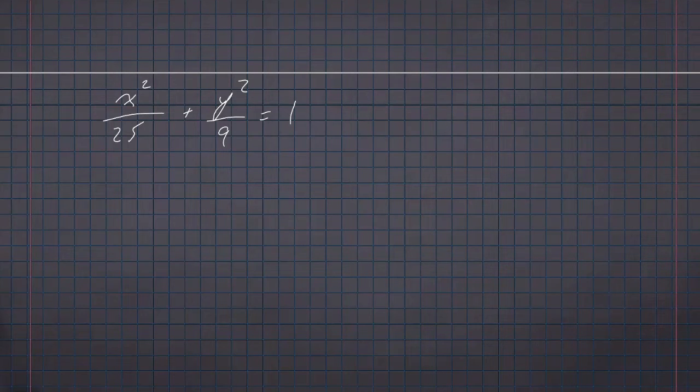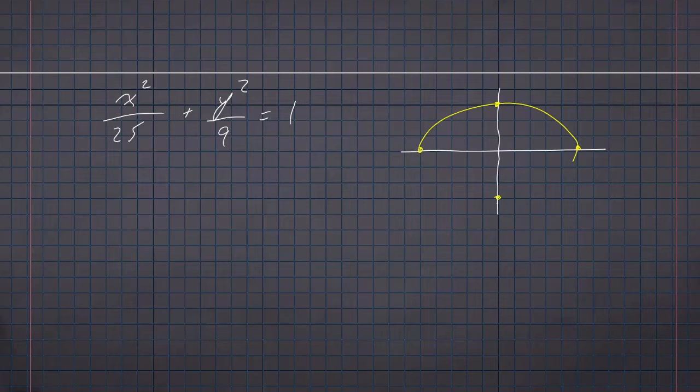If you've studied analytic geometry and the conic sections, then you can quickly identify that this is going to be an ellipse centered at the origin, and it's going to have extents of 5 in the x direction, extents of 3 in the y direction, and produce a curve that looks kind of something like that.